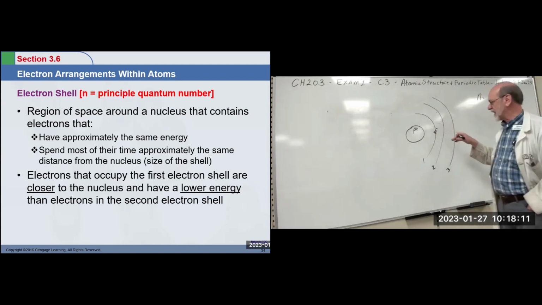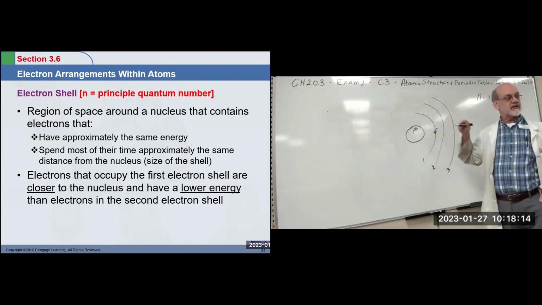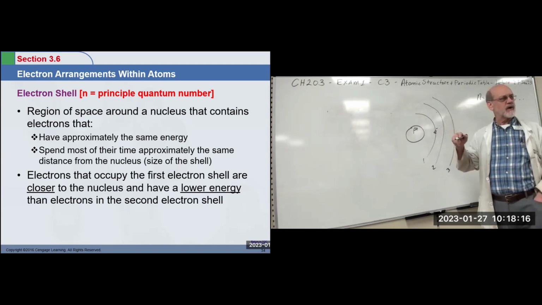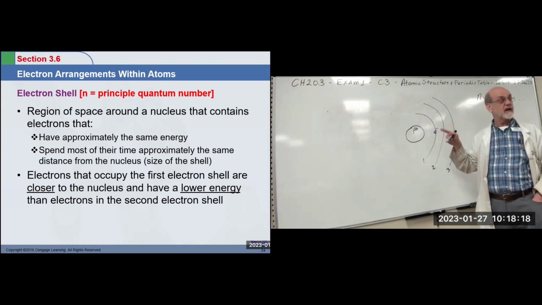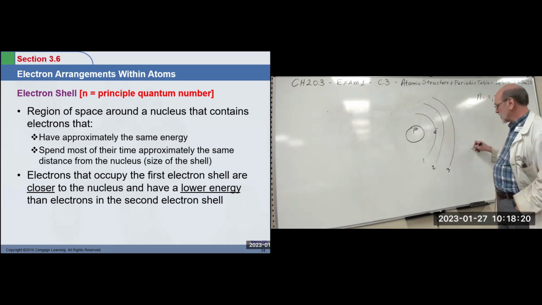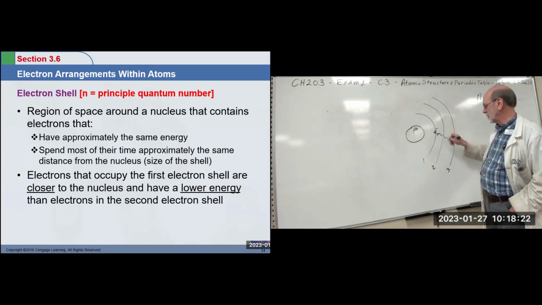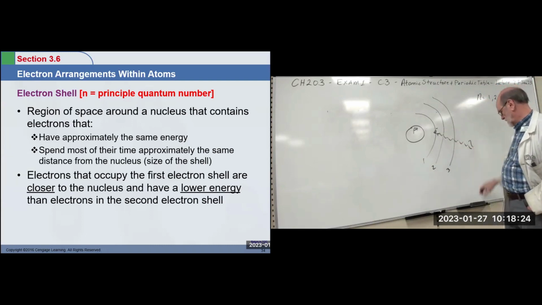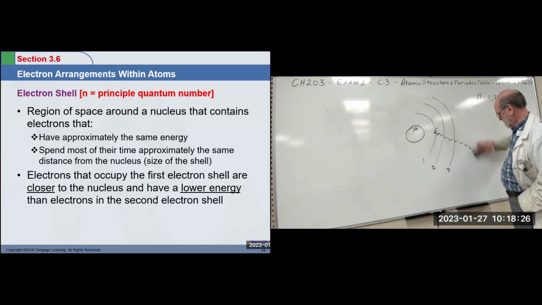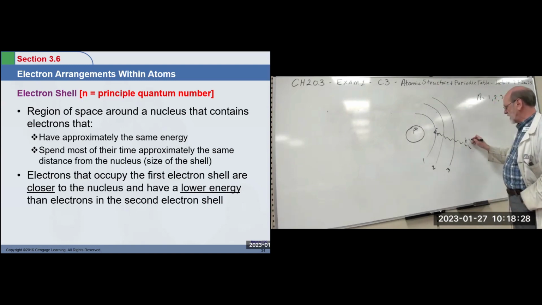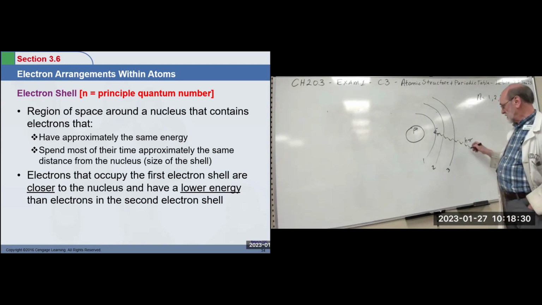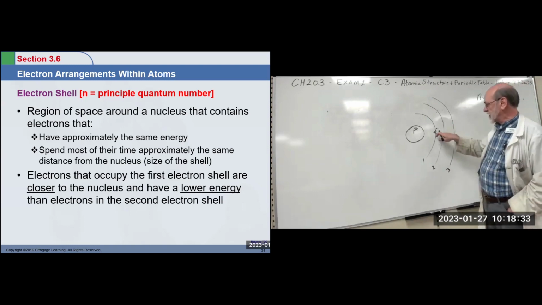So what happens to that electron if you put some energy into it? The easiest way to get energy into that electron is with a light beam. So you send light in here, and we usually designate that h nu. That's the energy that hits that electron.